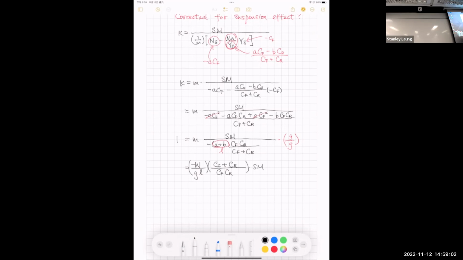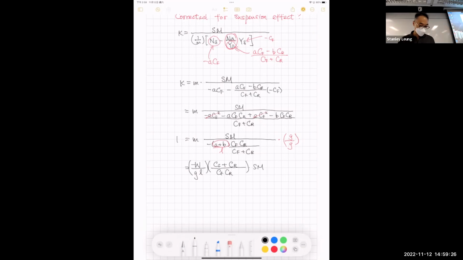So this is the mass of the car, which is useful for us to convert it to the weight. The real weight, we know, SM we know, and this is the choice of the tire.